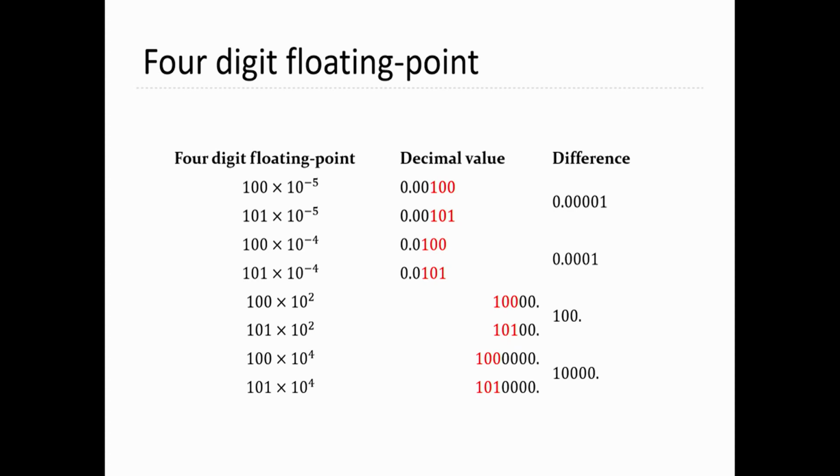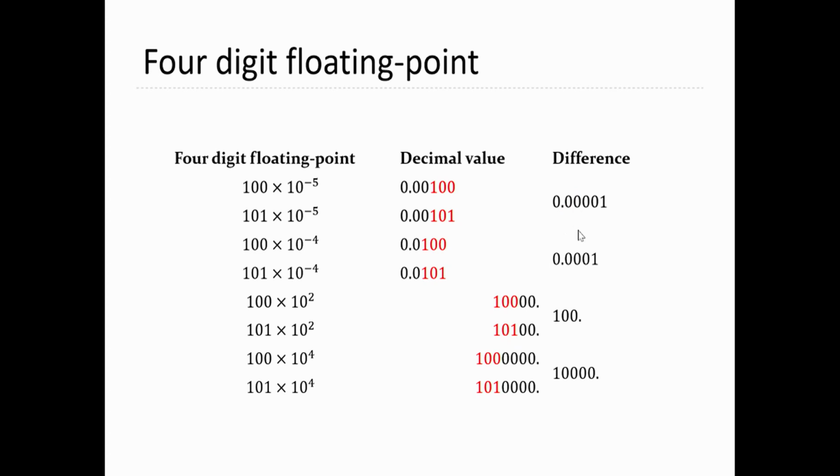What's the next smallest value that I can write down? Well, I have to make the significand go up by 1. So the significand 101 times 10 to the minus 5. So what's that? Well, that's 0.0101. Notice the difference between these two values is 1 times 10 to the minus 5.